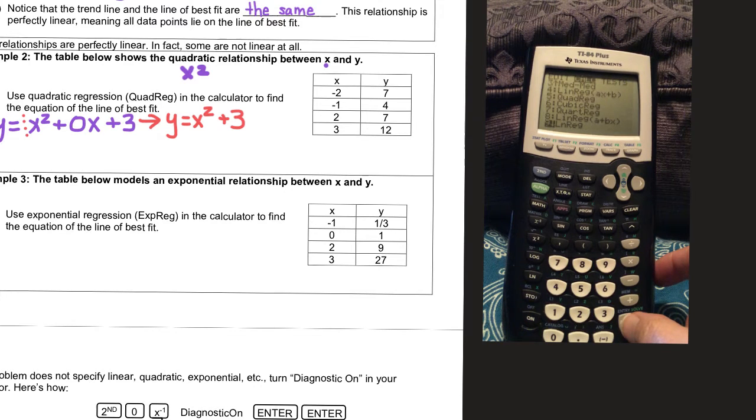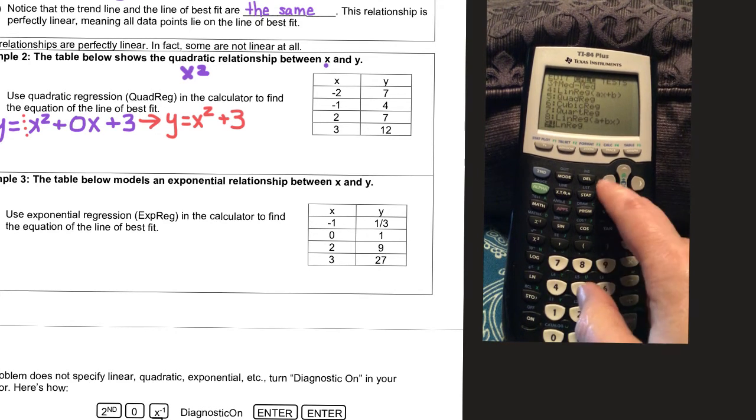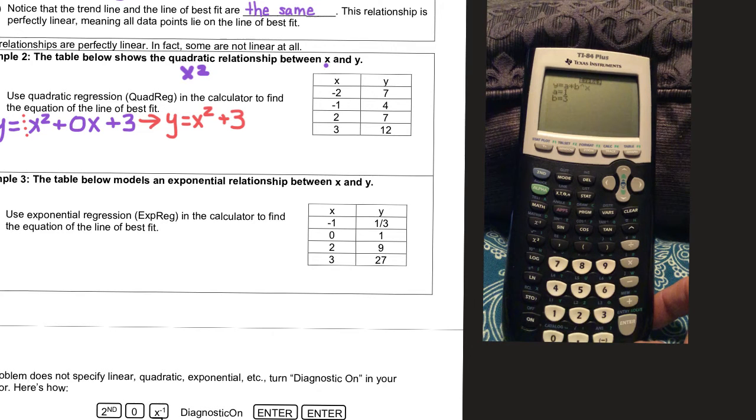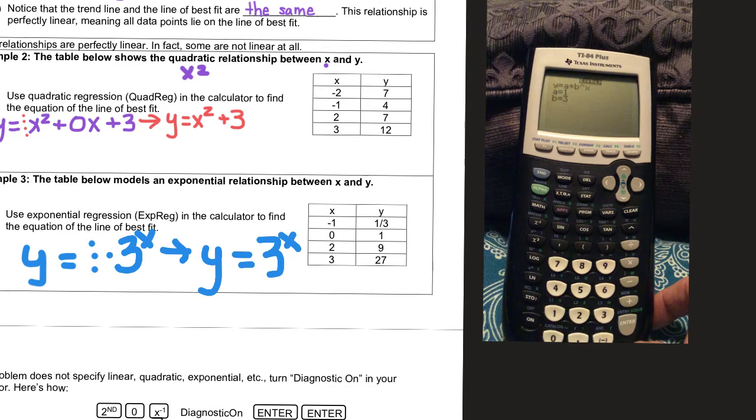Not linear regression. You're going to go down one more to 0, which is an exponential regression. Press enter, enter, enter, and you'll find that the exponential function is y equals a times b to the power of x. So a is an understood 1 times b, which is 3, to the power of x. And we would simply write this as y equals 3 to the x power. This is the exponential function that goes with that table.